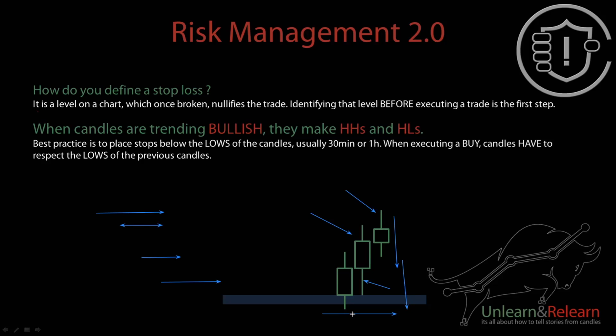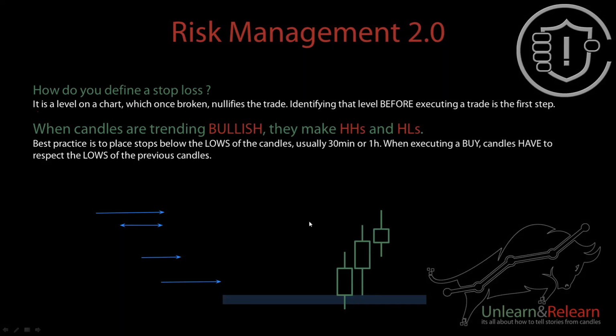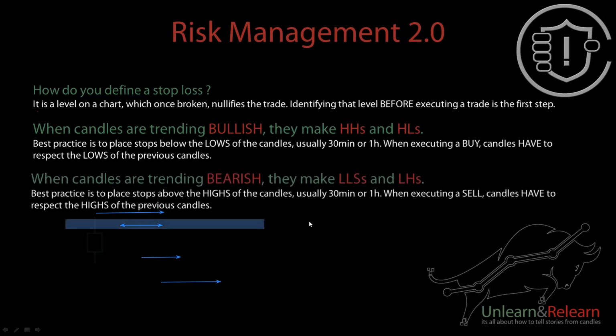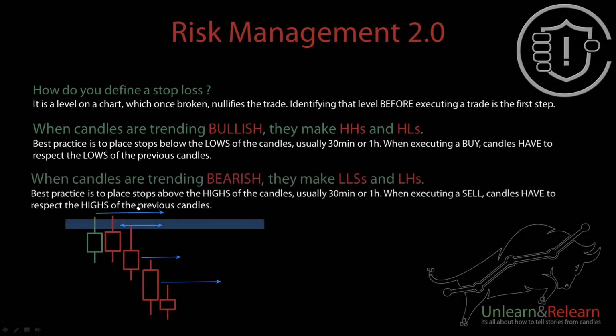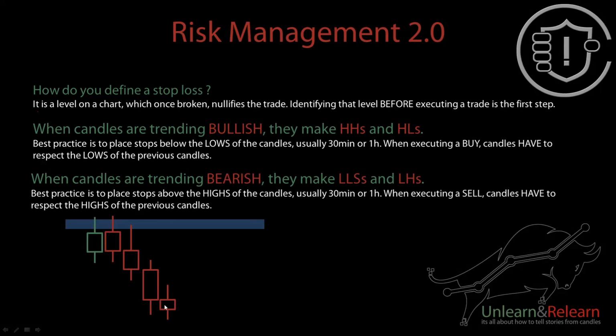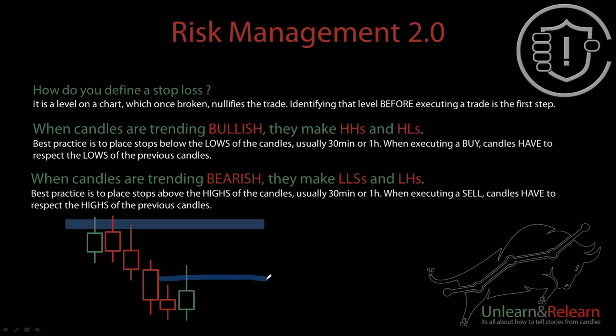So this is why risk is really important. You're continuously moving your stop below the lows of the candles in uptrends, and continuously moving your stop above the highs in downtrends. Because if you get that one candle that starts moving bullish, you want to be stopped out in profits, which is why your stop is always going to be at this point right over here.